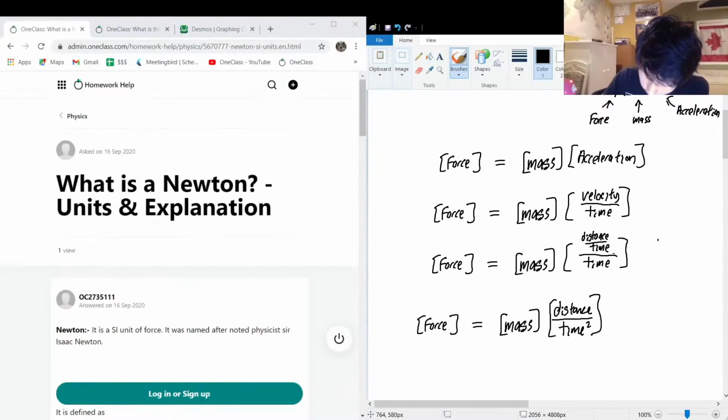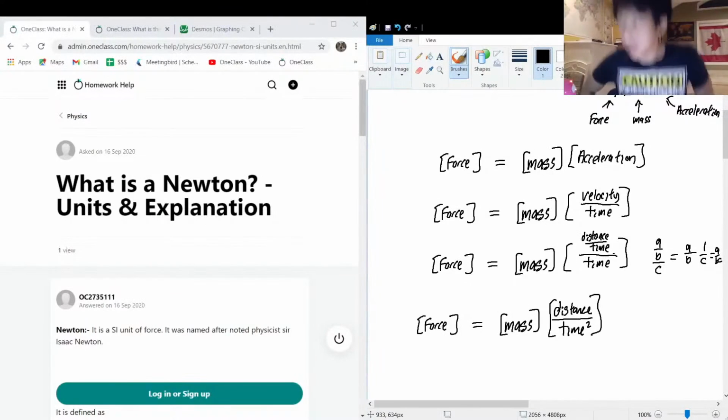Because a over b over c is equal to a over b times 1 over c, which is equal to a over bc. That's just how it works for triple decker fractions.